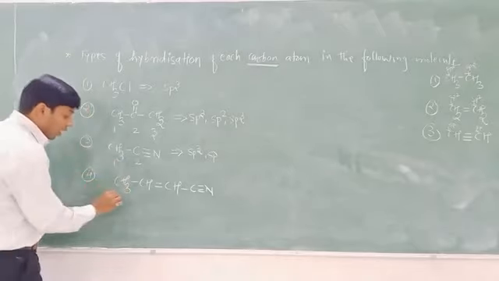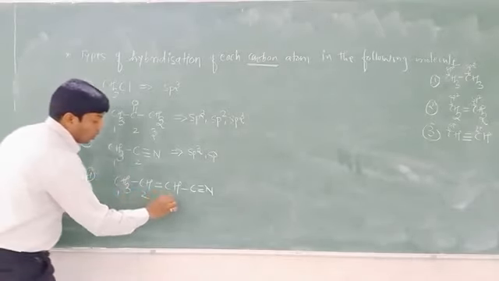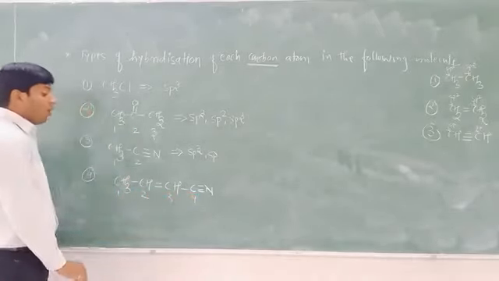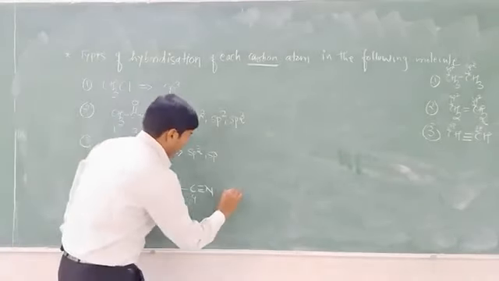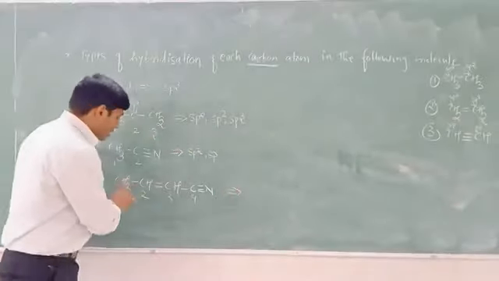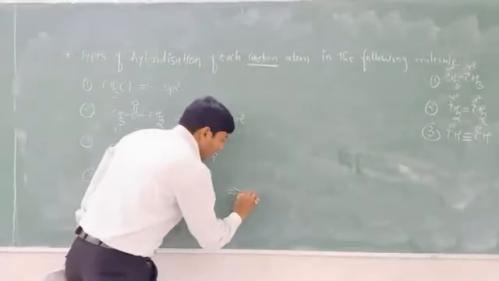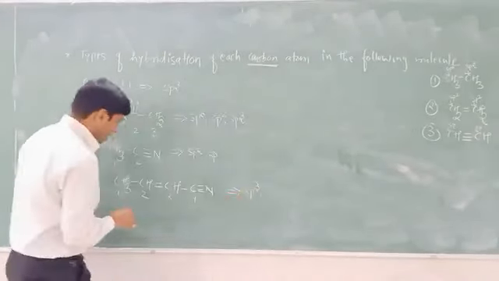How many carbon atoms are there? 1, 2, 3, and 4. Let's find the hybridization of the first carbon atom. The first carbon atom has a single bond to carbon, so that's why sp3 hybridization.